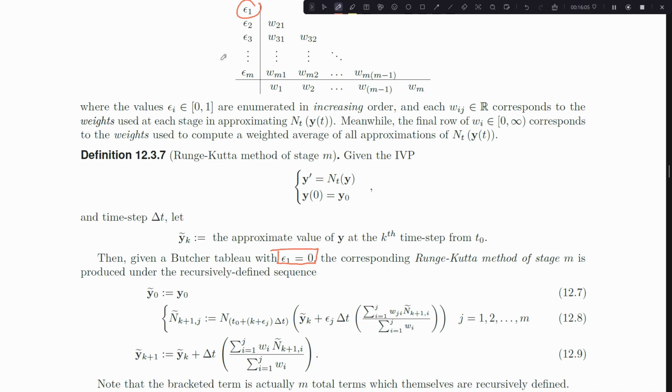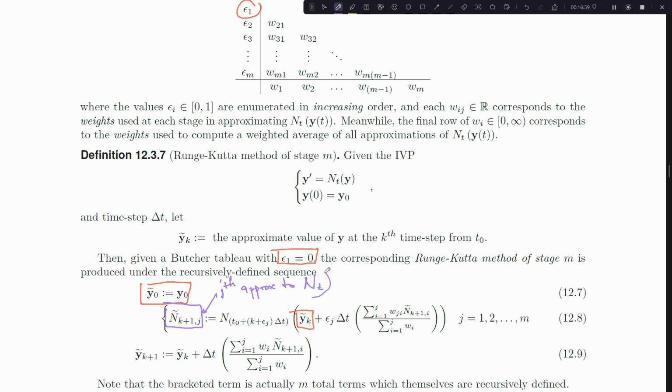It's the recursively defined sequence where, no surprise, we start where we start, but let's try to do one time step in the future, or suppose that we've made it to y sub k. Where do we go? Well, what happens is we're going to compute a k_j, right? This is a j approximation. So the jth approximation to n sub t.